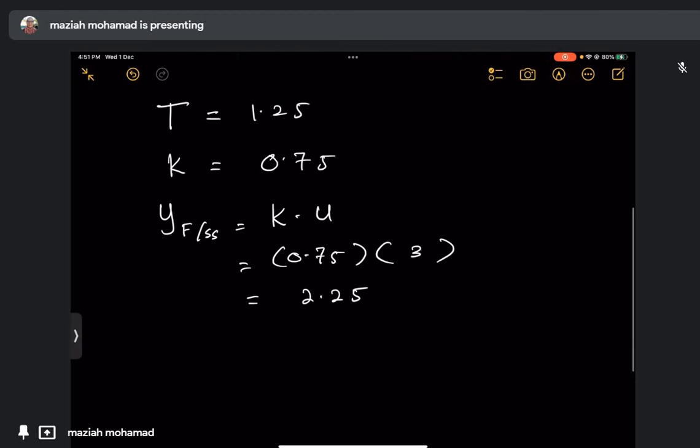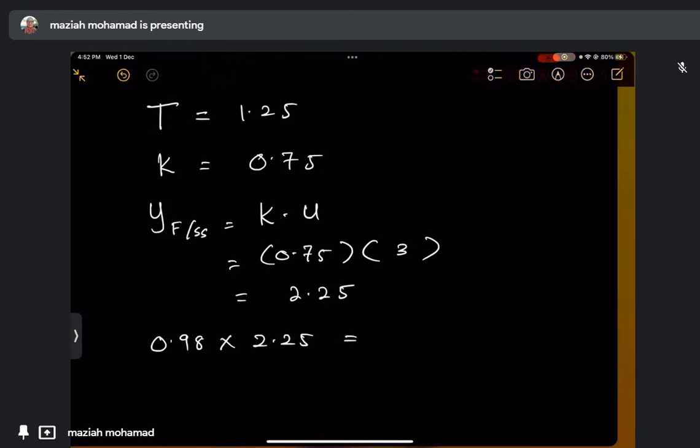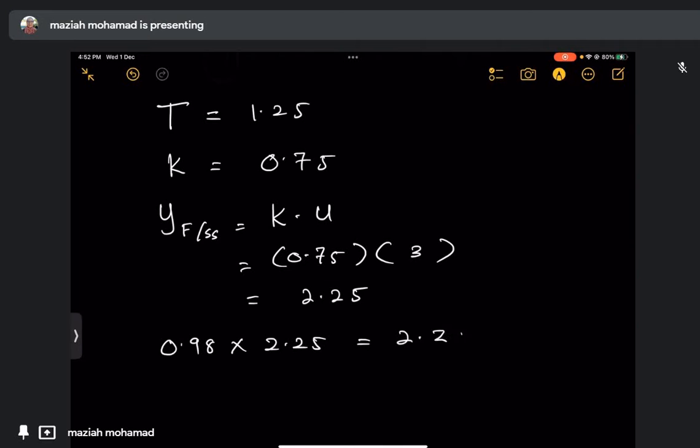The question is what is the time taken for the output to reach 98% of its steady state response. So the value for 98% is 0.98 multiplied with 2.25, which equals 2.205.